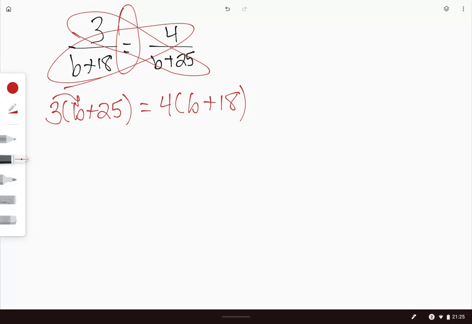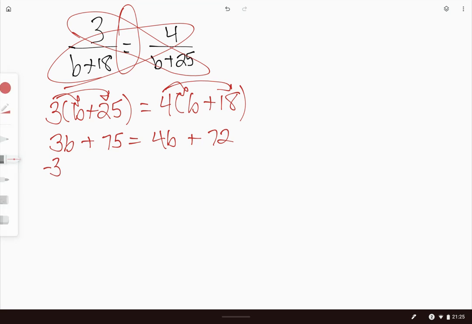So again, I distribute, so that's going to be 3b plus 3 times 25, which is 75, and then 4 times 18 is 72. Now again, it's just an equation with the variable on both sides.